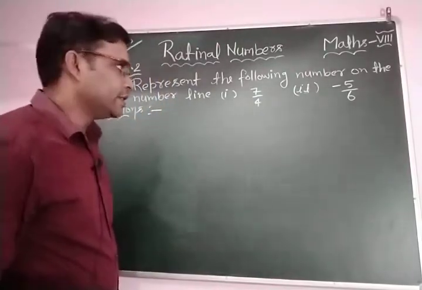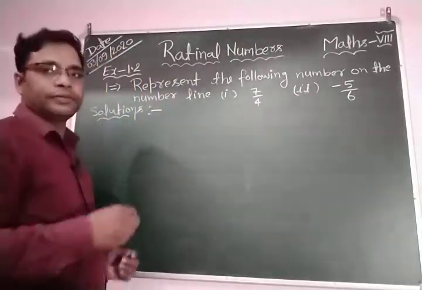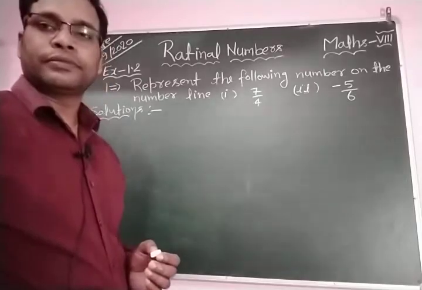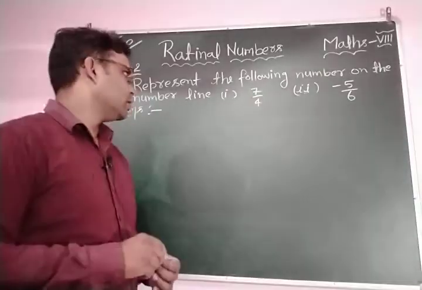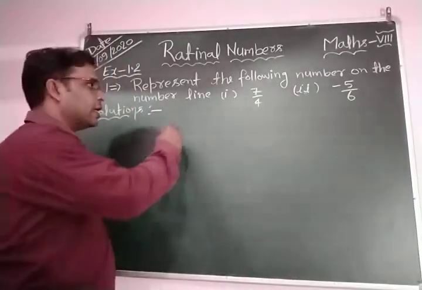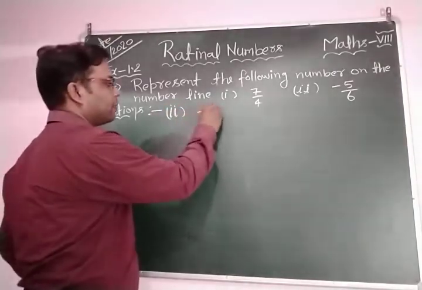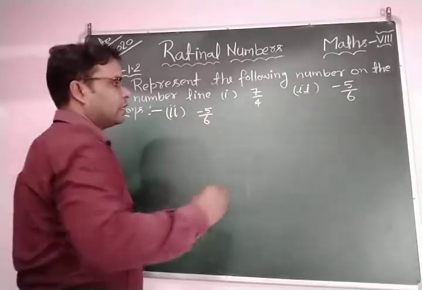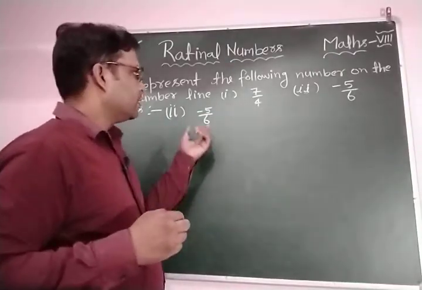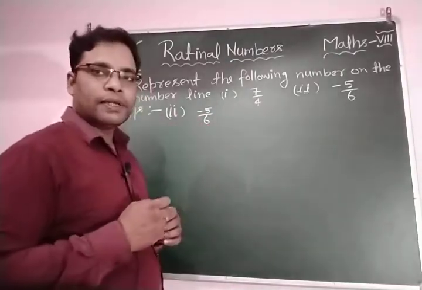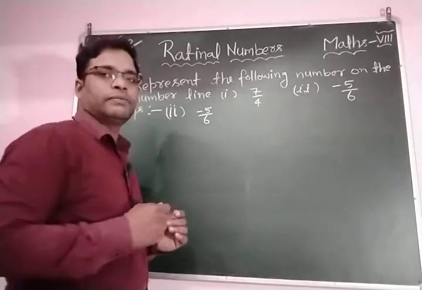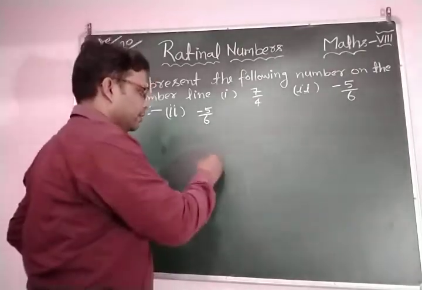Here this is the second part of question number 1. The second part is given: minus 5 by 6. Okay, we need to represent this rational number, minus 5 by 6, on the number line. For this, first we draw a line.